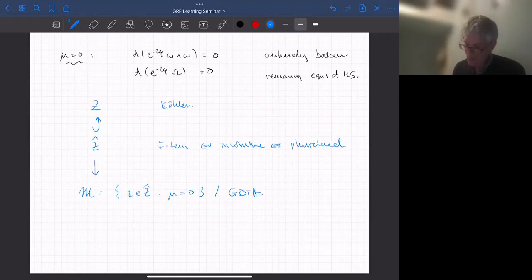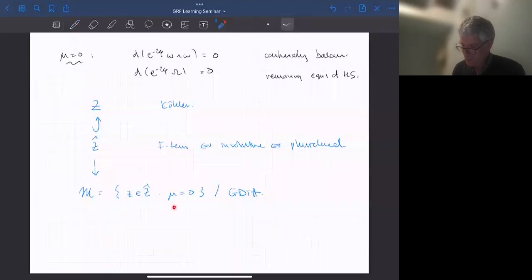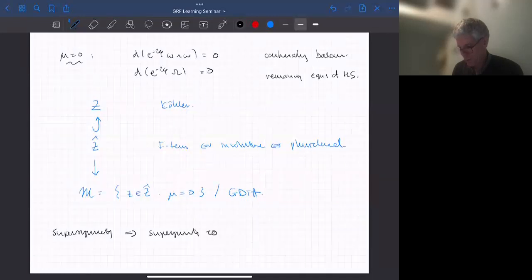So we satisfy the vanishing of the F terms and the moment map up to our symmetries, which are exactly the generalized diffeomorphisms. Now, in this case, the supersymmetry conditions imply the supergravity equations of motion.